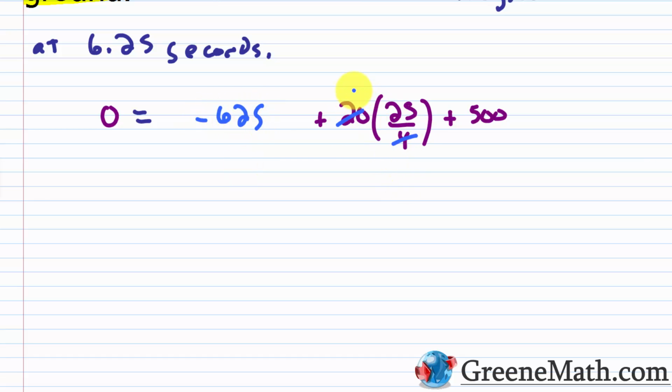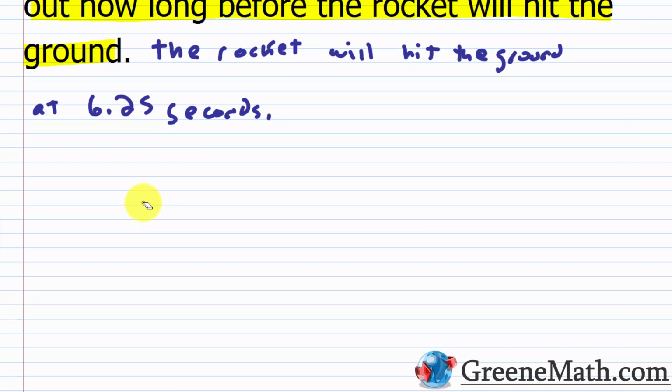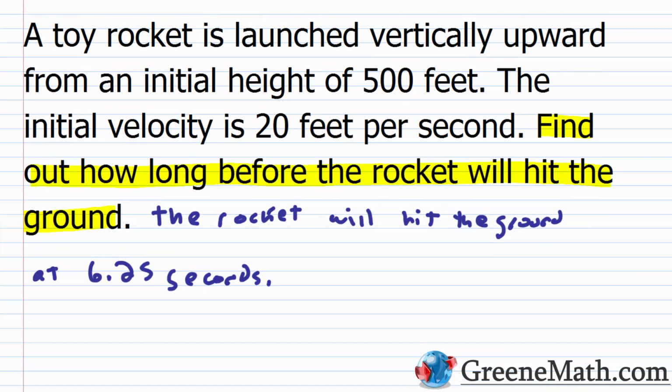This cancels with this and gives me a 5. 5 times 25 is 125. So basically what you have is 125 plus 500, which is 625, and that's being added to negative 625, so that does give you 0. You end up with 0 equals 0. So this is consistent with what we're told in the problem. So we can say that our solution is correct: the rocket will hit the ground at 6.25 seconds.